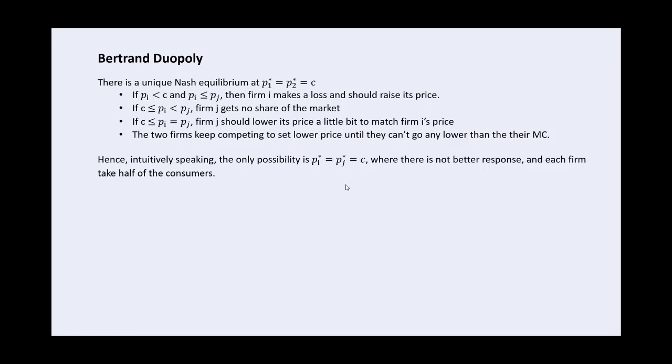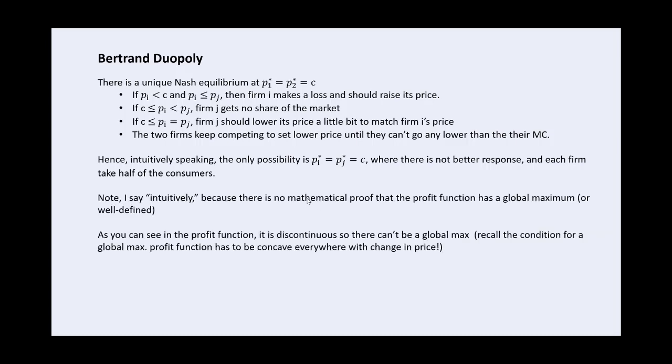Note, I say in this slide that this is, intuitively speaking, the Nash equilibrium, because there's no actual mathematical proof that the profit function has a global maximum. We talked about earlier that in order for a function to have a global maximum, it has to be concave.